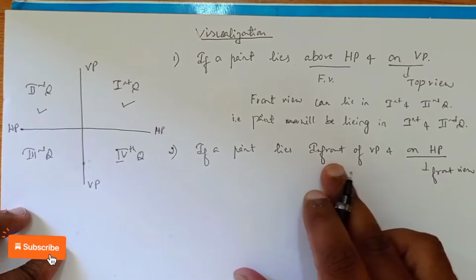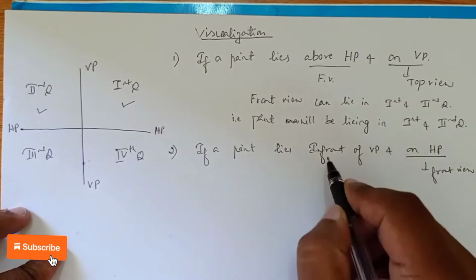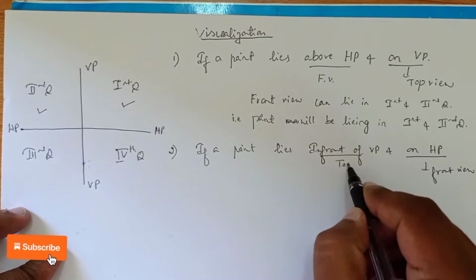We have to see further. In front of VP means it is a top view.